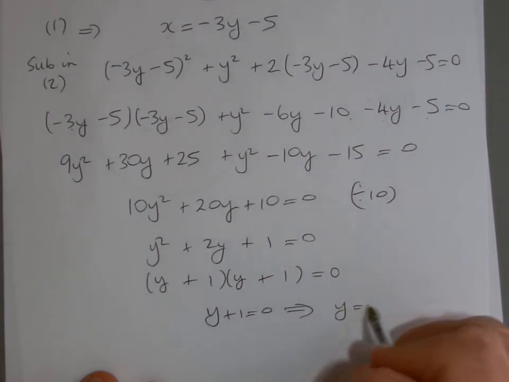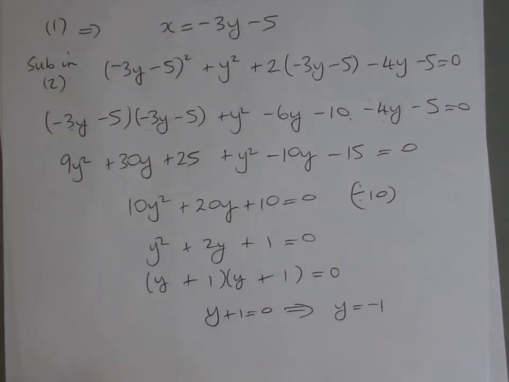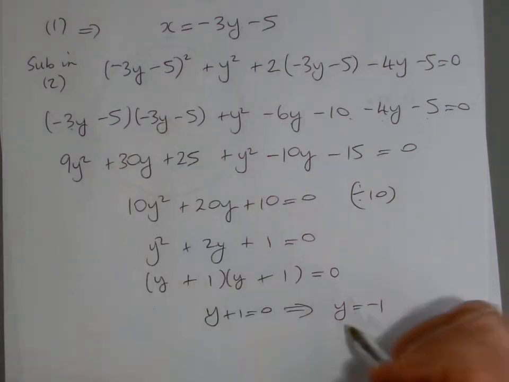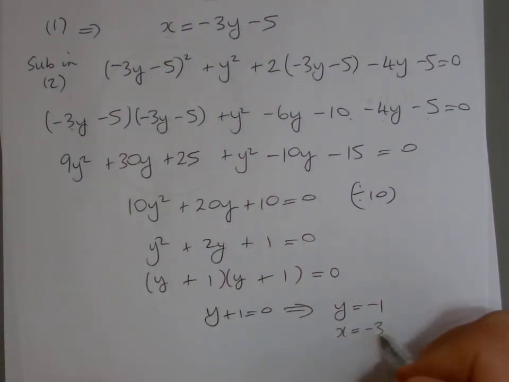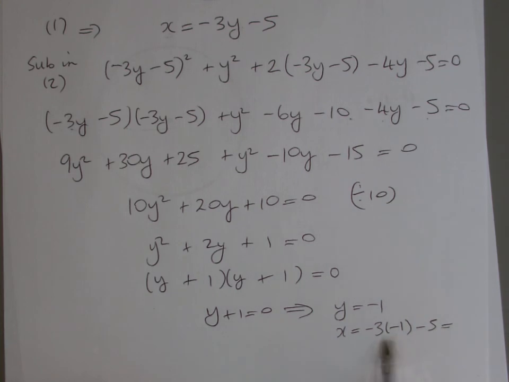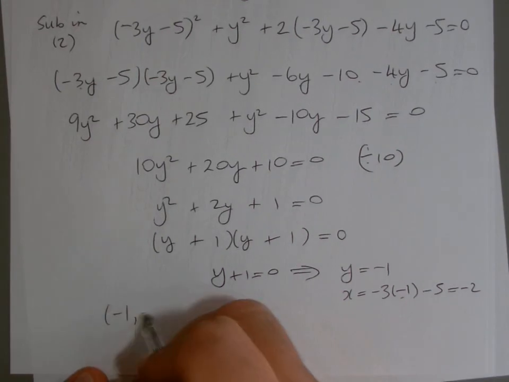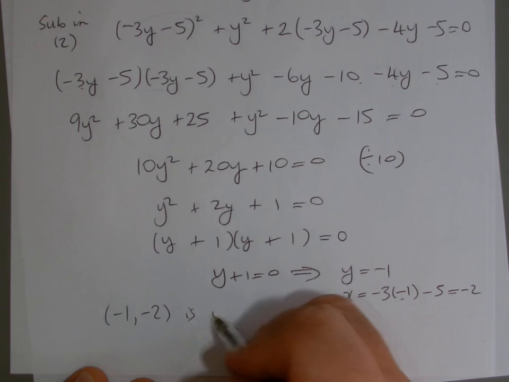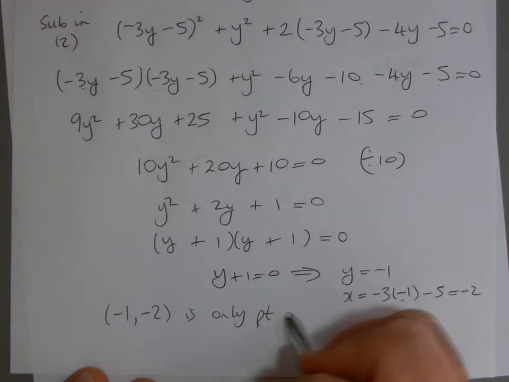So y is equal to negative 1. And then if you sub it back in here, x will equal, we worked that out, that's 3, isn't it? Positive 3, when you times them together, take away 5 is minus 2. So you say minus 1, minus 2 is the only point of intersection.